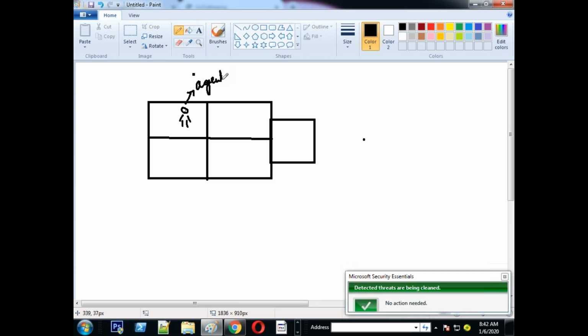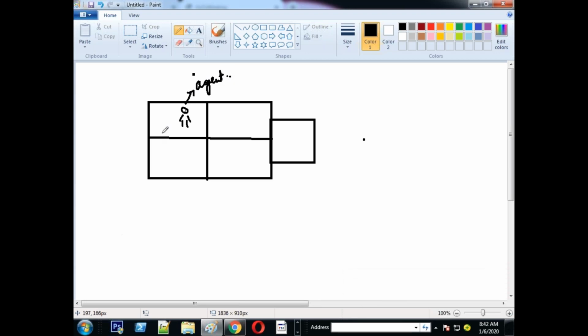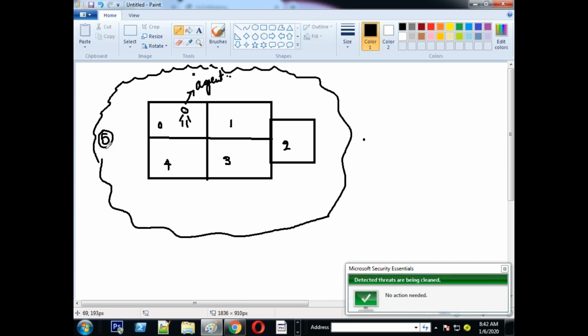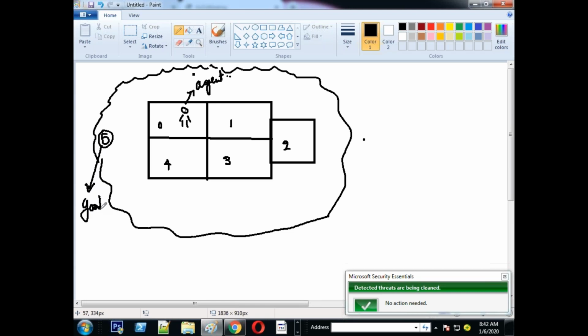All these are different rooms. The room numbers 0, 1, 2, 3 and 4. This entire outer space, I am giving the number 5. This is your goal state.